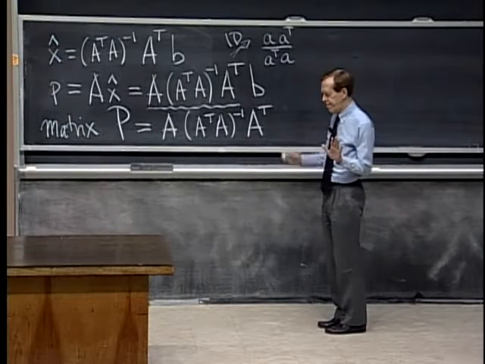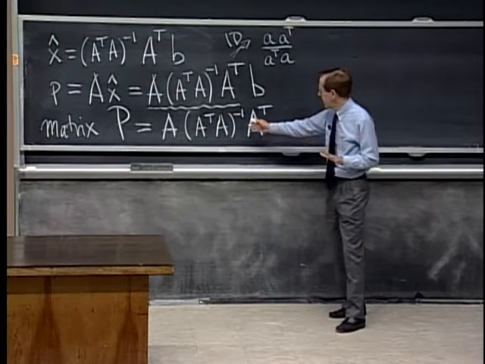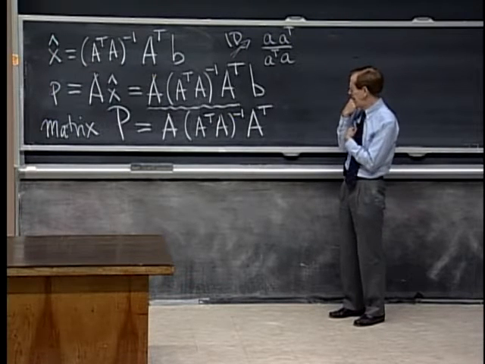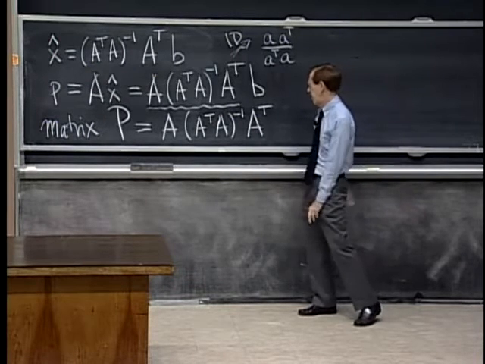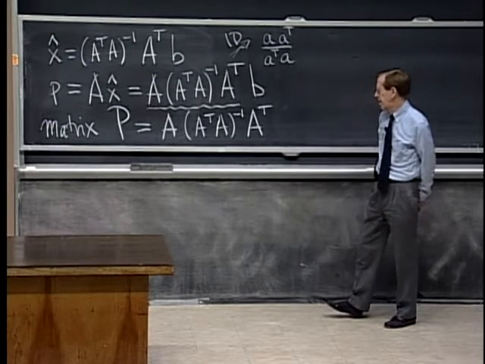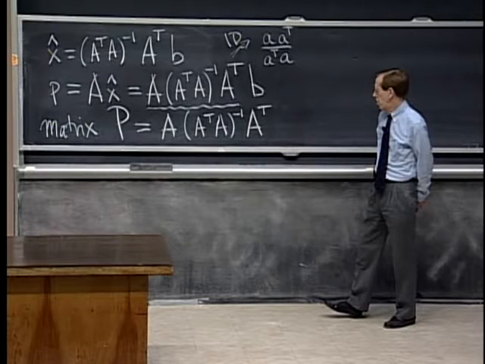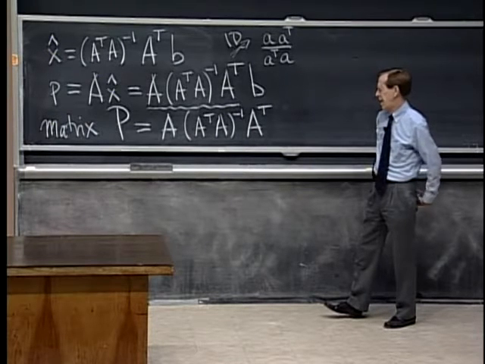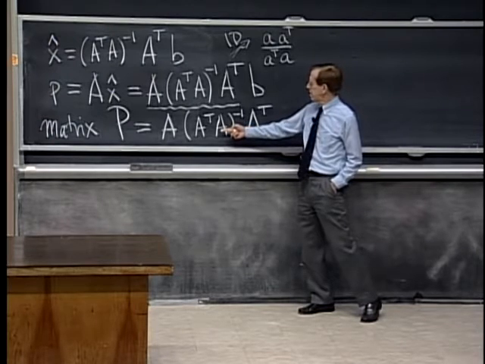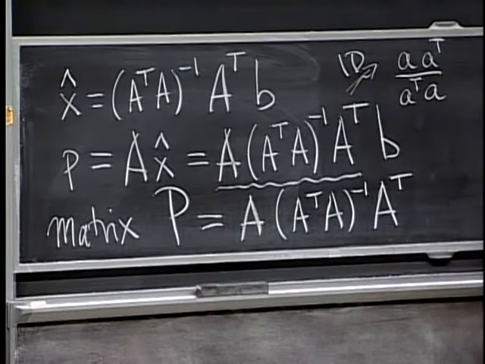Now, if you'll bear with me, I'll think about what I have done here. I've got this formula. The first thing that occurs to me is something bad. Here's a product of two matrices and I want its inverse.